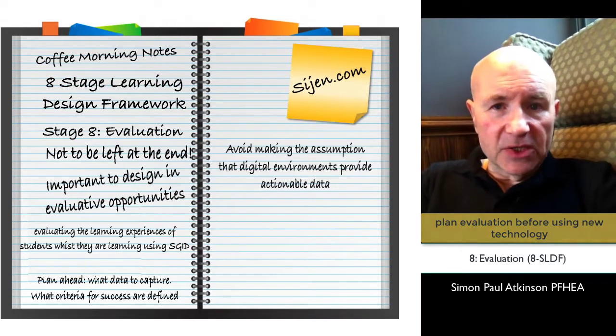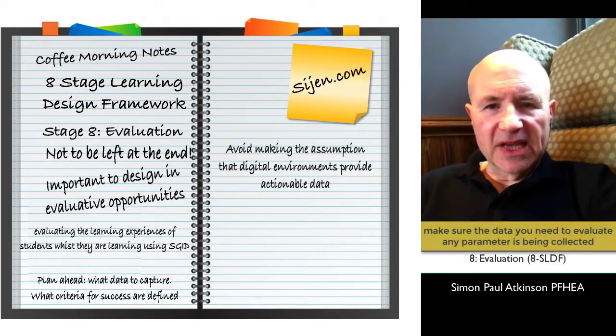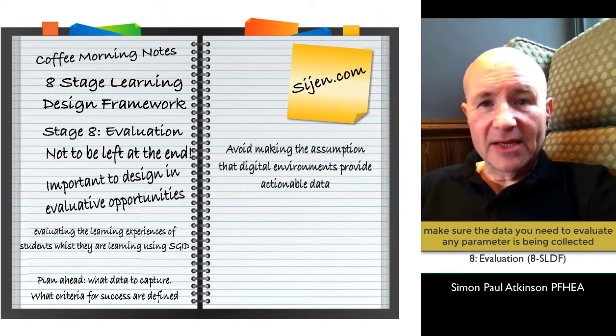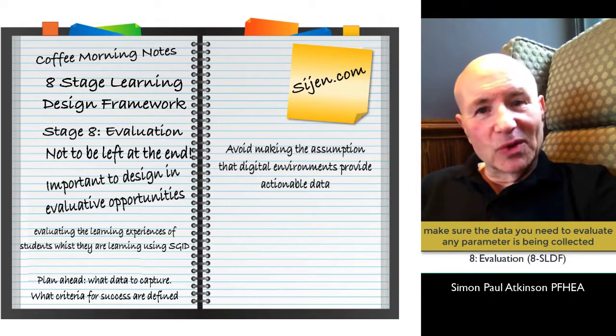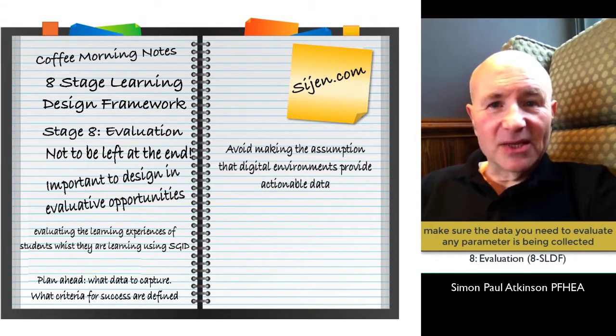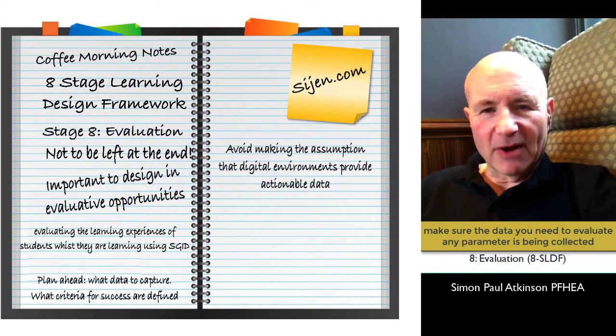Because it may be, for example, let's say that you want to assess students' engagement with that discussion forum, that you make the assumption that that data is available. You may then run the module and find that actually that data isn't available. So you need to work out what kind of learning analytics need to be put in place in order to be able to run that particular activity.